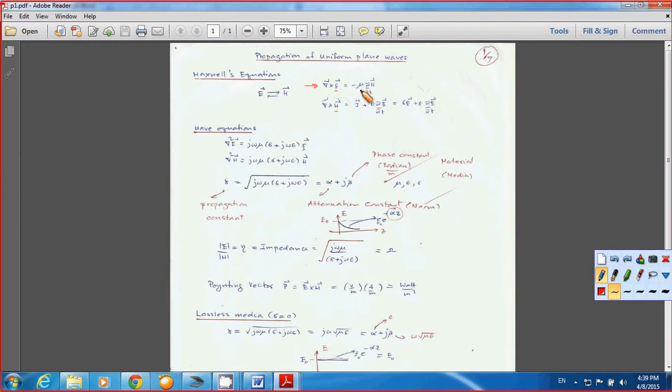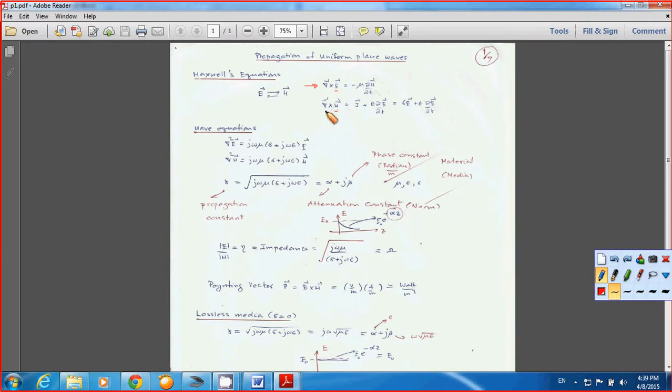Curl E equals negative mu times the partial derivative of the magnetic field with respect to time, where mu is the permeability, which represents the magnetic property of materials.